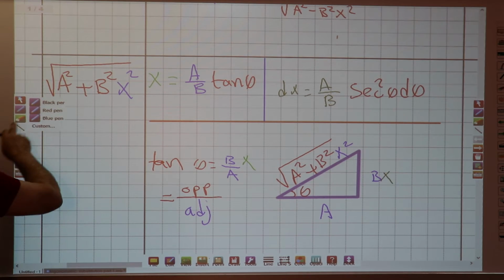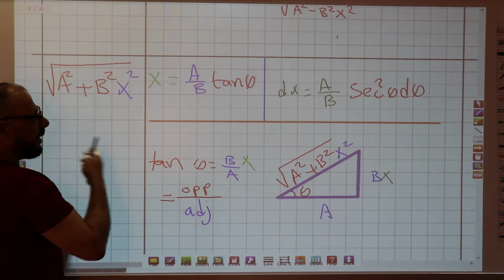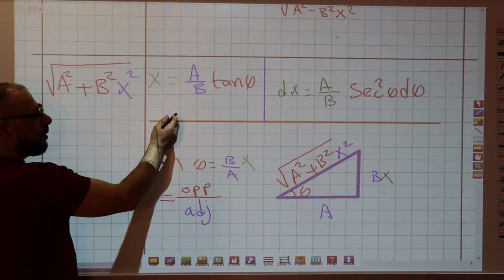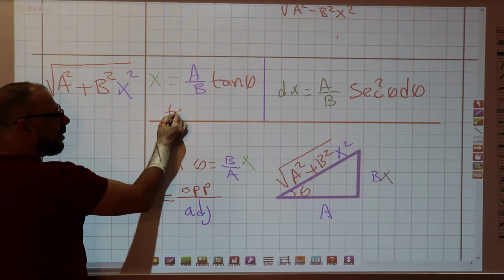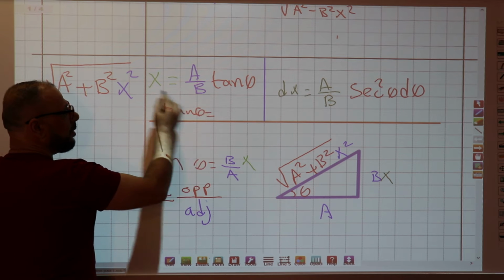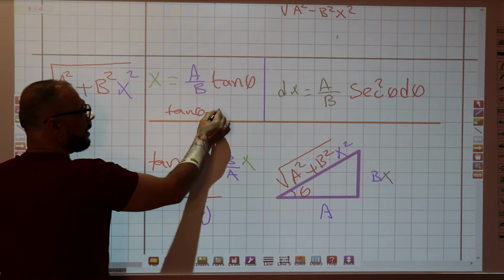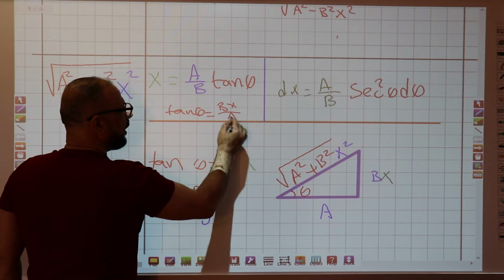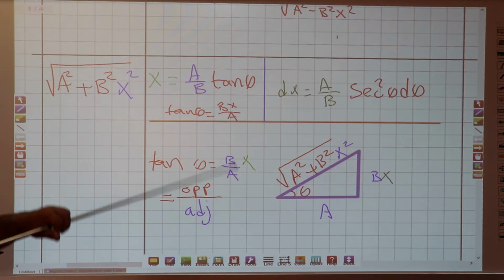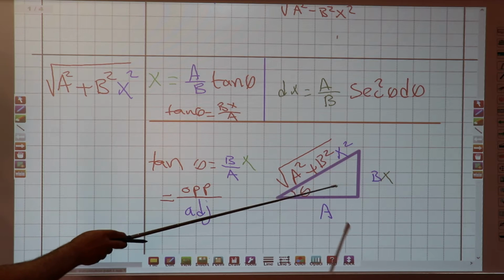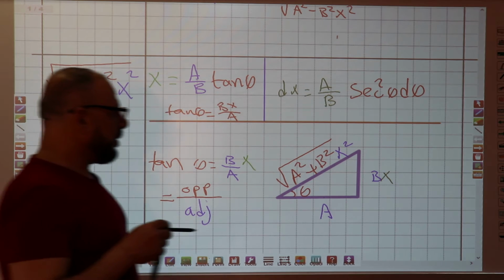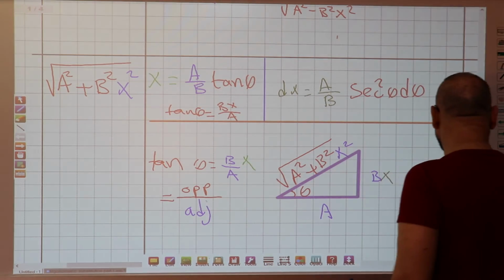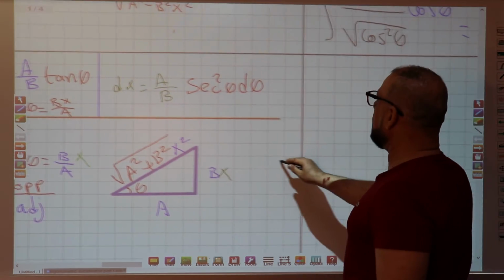My triangle here will be tan theta equals bx over a, because tan is opposite over adjacent, and this is my triangle. The last side is this side.